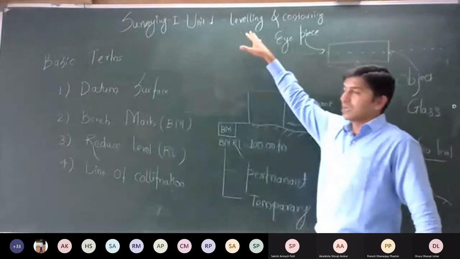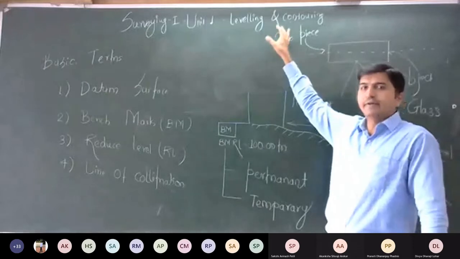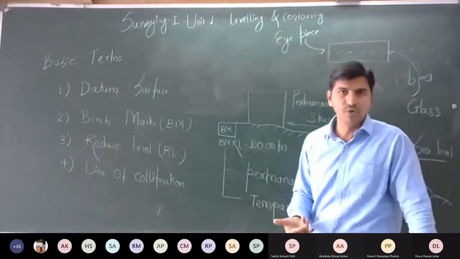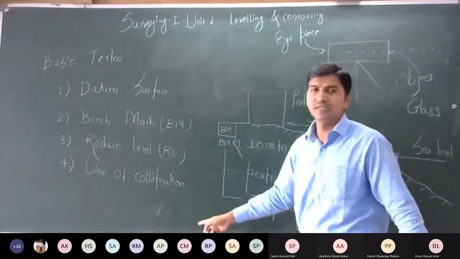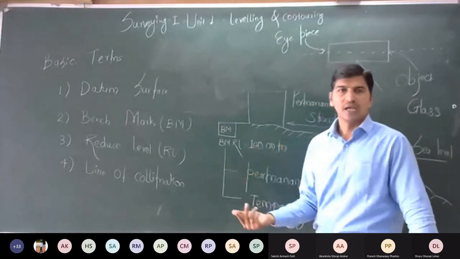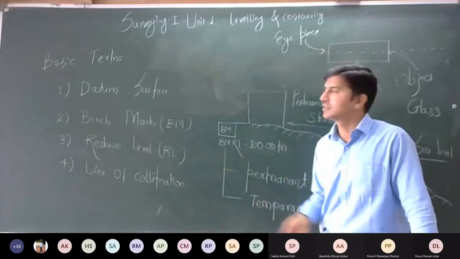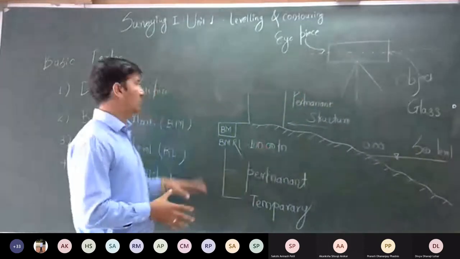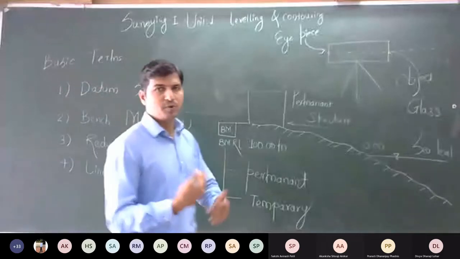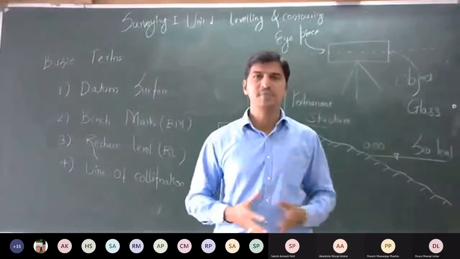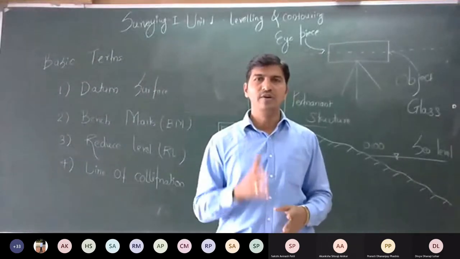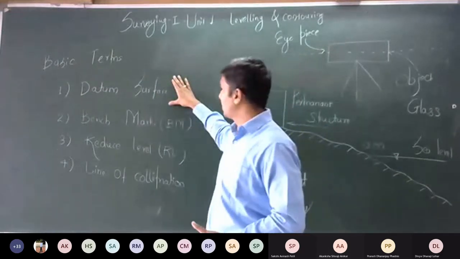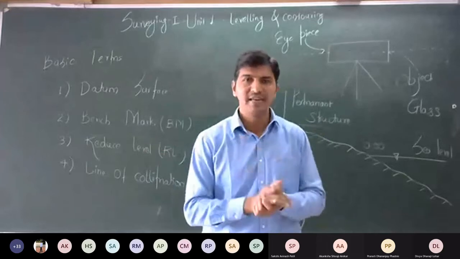Because until the completion of leveling and contouring and its continuation in the next few units, I will be using these terms enormously. Many times I'll be using these terms, and we will discuss them in much more detail when we go for the field experiments. I hope all of you have understood the meaning.